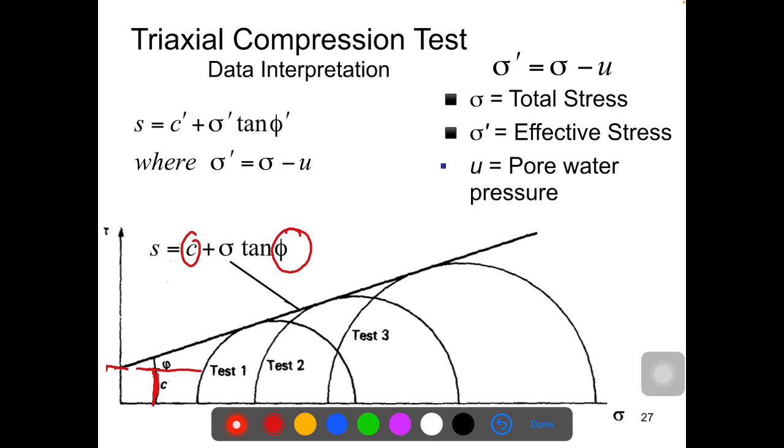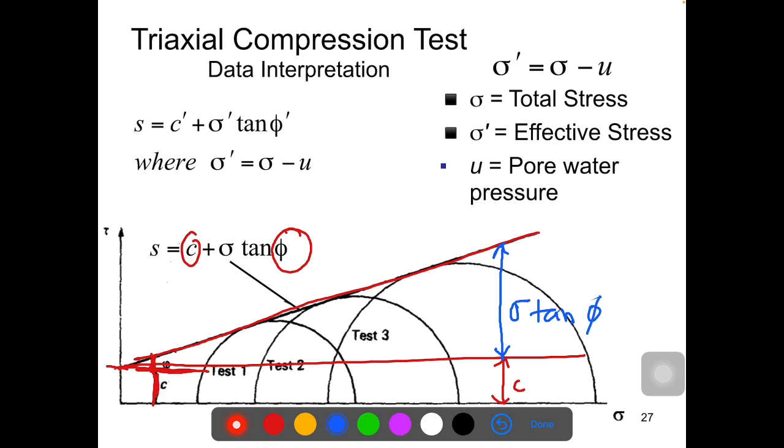Phi is the friction angle, the slope of this line. This is the tangent, and this is phi.